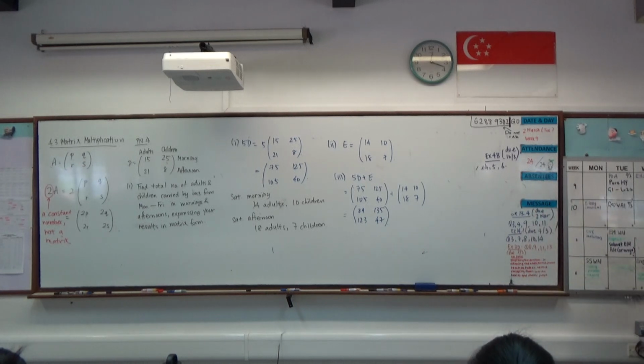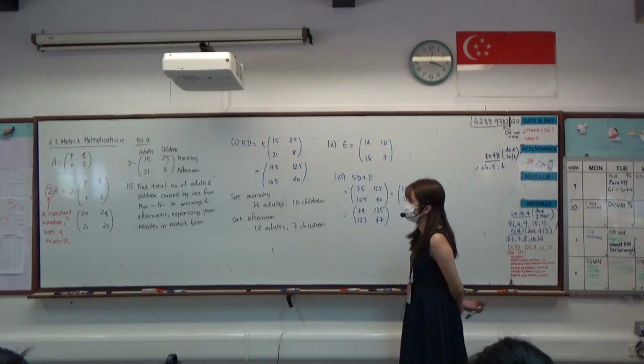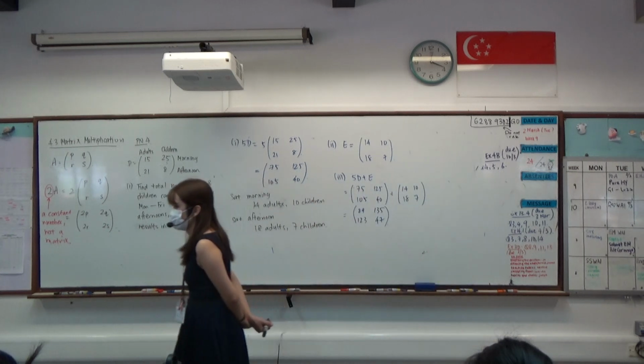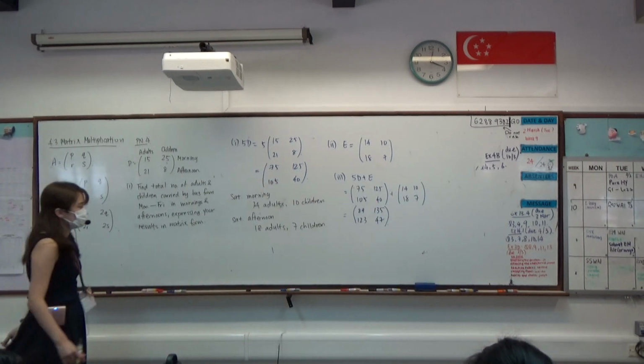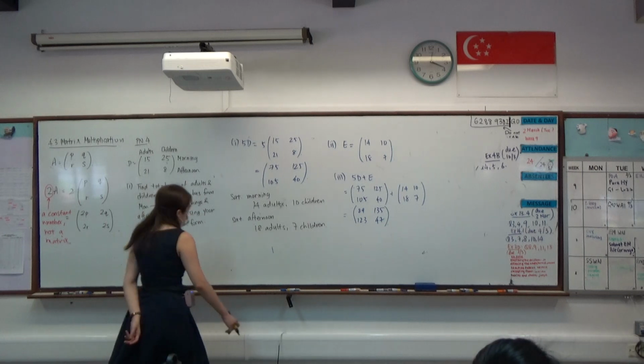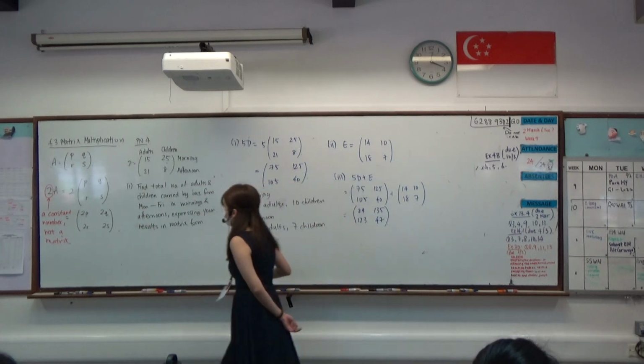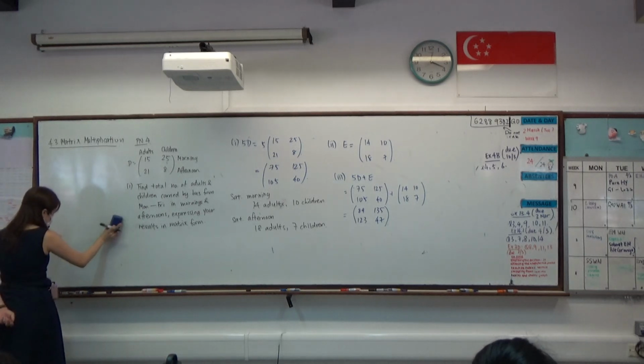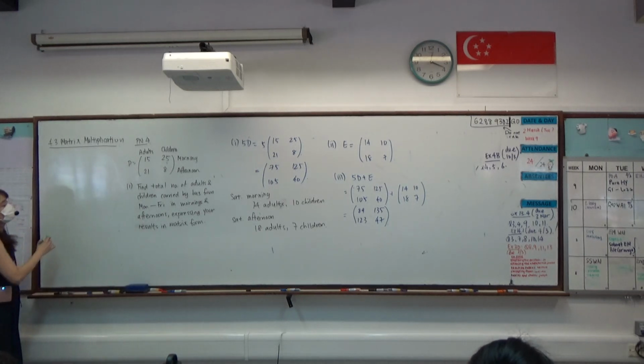So how would you go about describing this matrix? What do you think? How would you attempt to describe this matrix? Okay, hang on, I can't hear you from here, so let me just write it here. Say again.